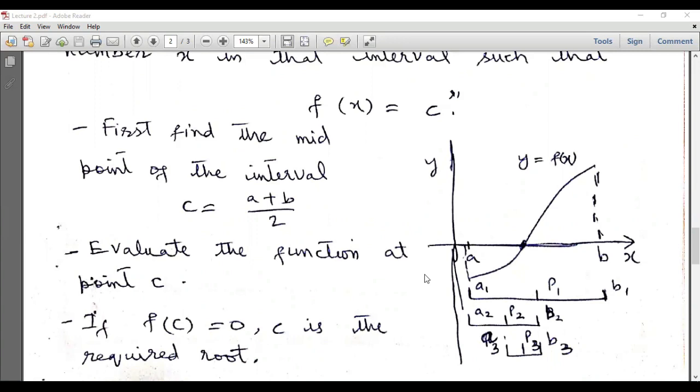The root finding can be done by solving these equations iteratively. There are several methods which can be used to iteratively find the roots, and one of those methods is called the bisection method.